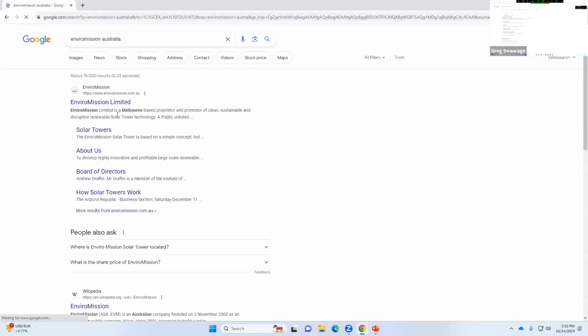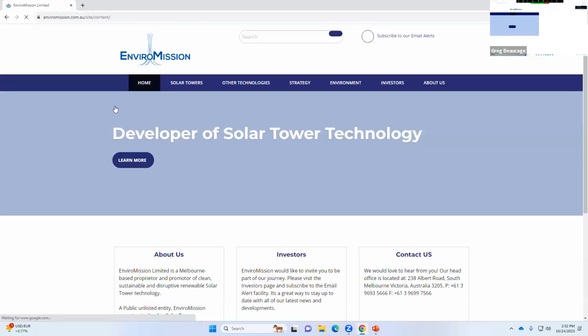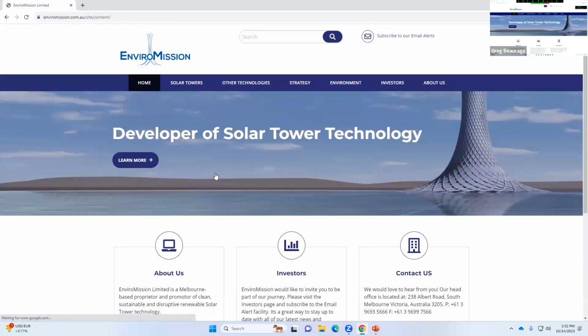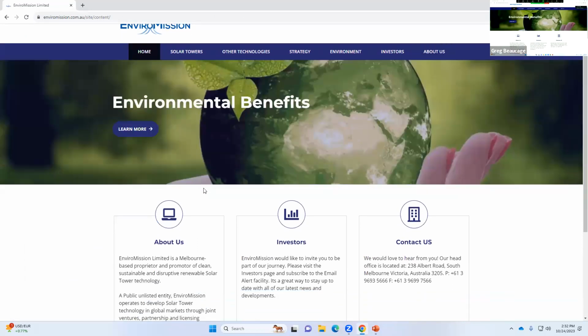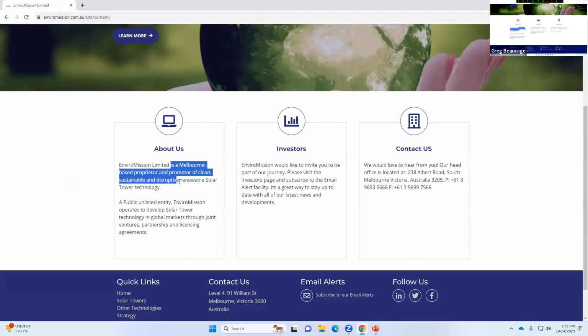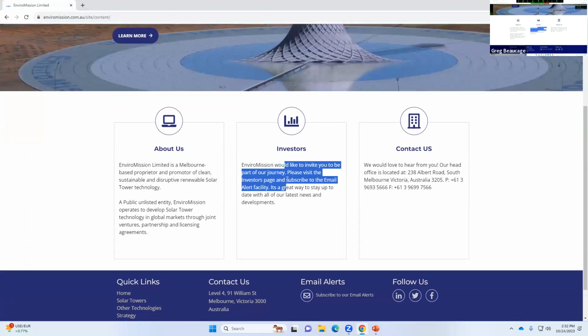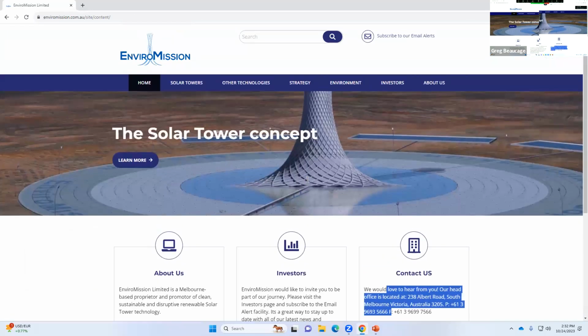Australia, that is a thing. So I'm not sure what their progress is. Anyway, it still says developer. It doesn't say producer. So Melbourne based, blah, blah, blah. They're trying to get money apparently, right?